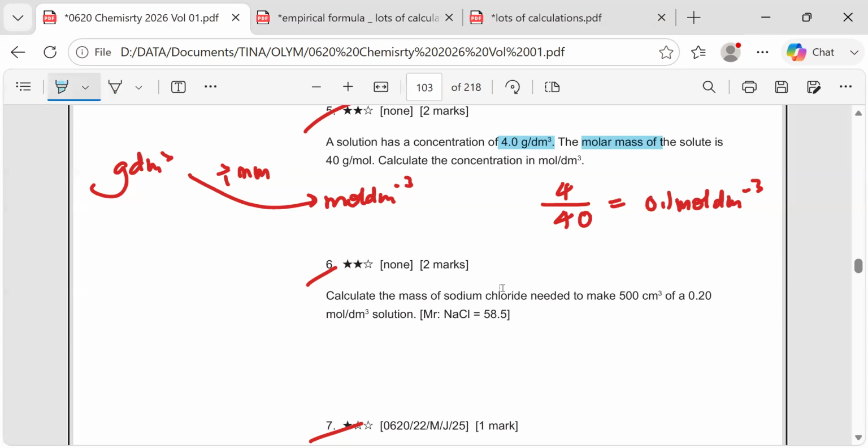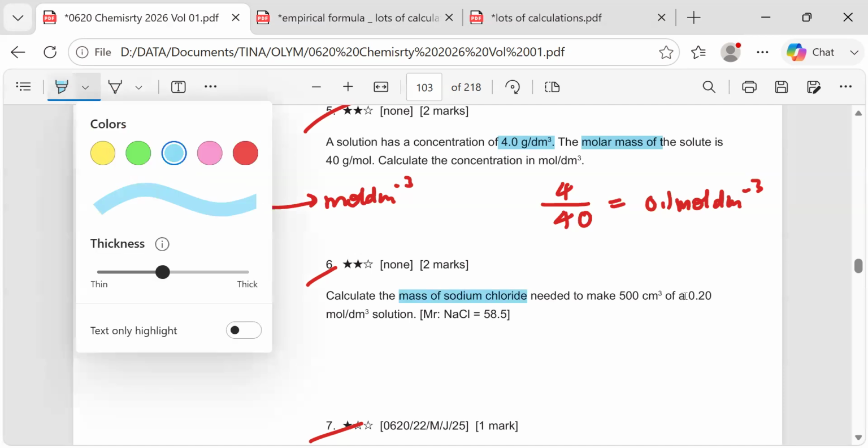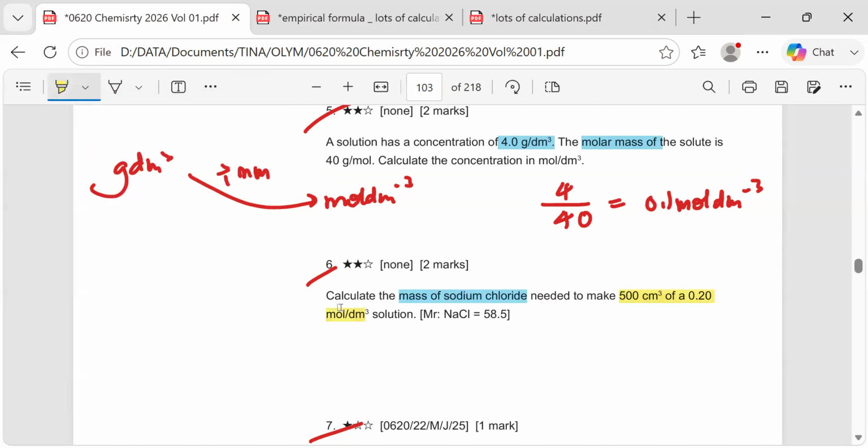They are asking you the mass of sodium chloride. But what information do they give you? 500 centimeter cube, 0.2. So you must ask yourself, formula 1, formula 2, or formula 3?